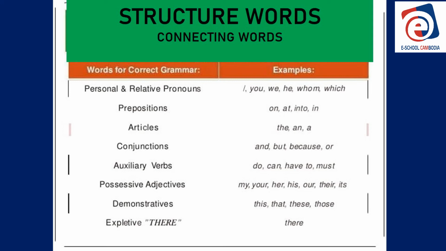Prepositions, articles, conjunctions, auxiliary verbs, do, can, have, must, possessive adjectives, demonstratives, this, that, these, those, and the expletive, there. If you think like this, we usually do not stress the small words. Those are the connecting words. They are the structure. They help build the sentence. But the words that we stress are the power words.